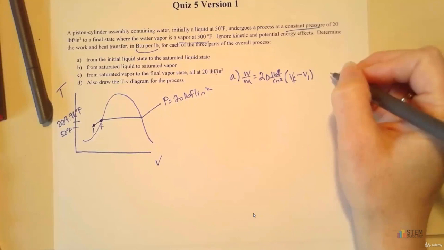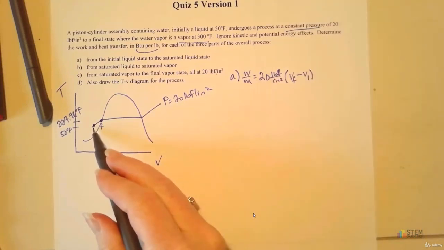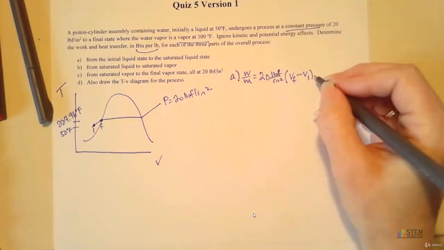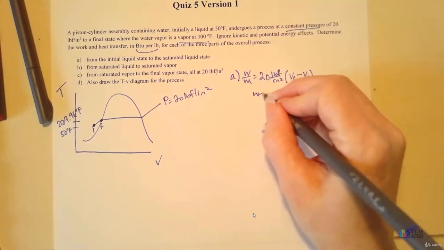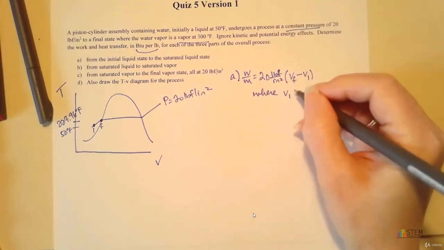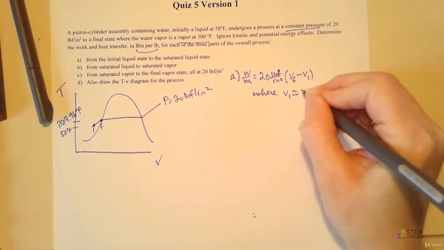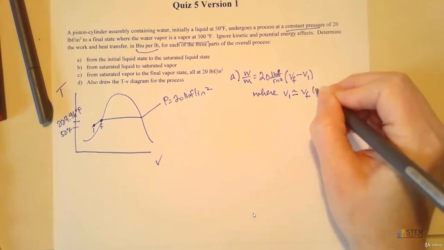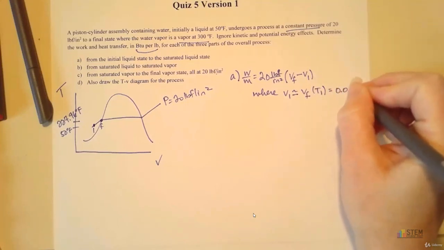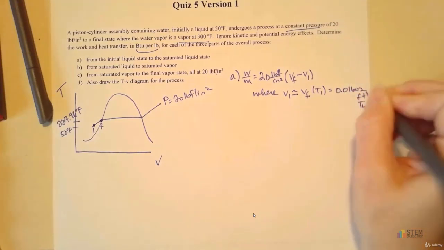Now, if you were to look in the tables, this is compressed liquid down here at 50 degrees, but you might not be able to find that in the table. So remember, you can use an approximation for that. For our approximation, you'll use the saturated liquid table. So we're going to say v1 is approximately equal to vf at temperature T1. And that's going to give us 0.01602, and that's cubic feet per pound.